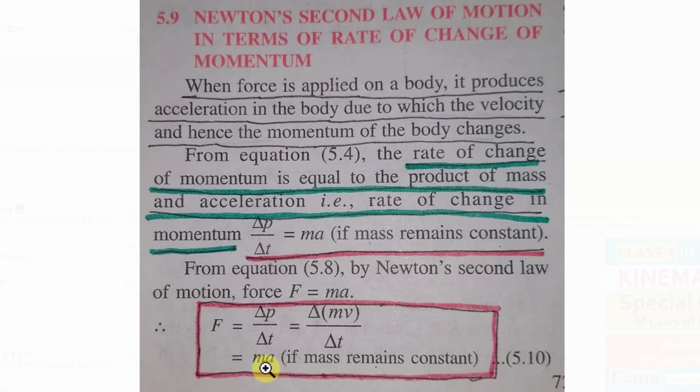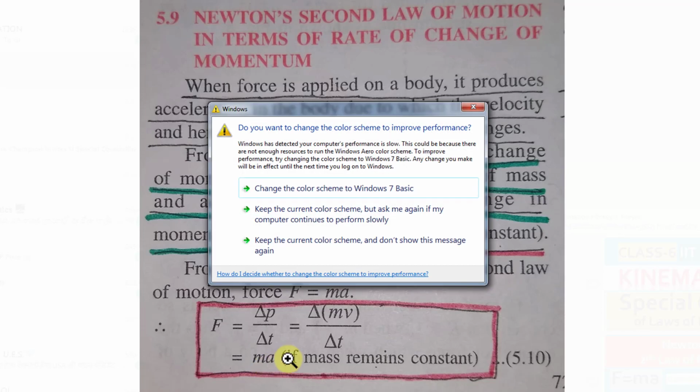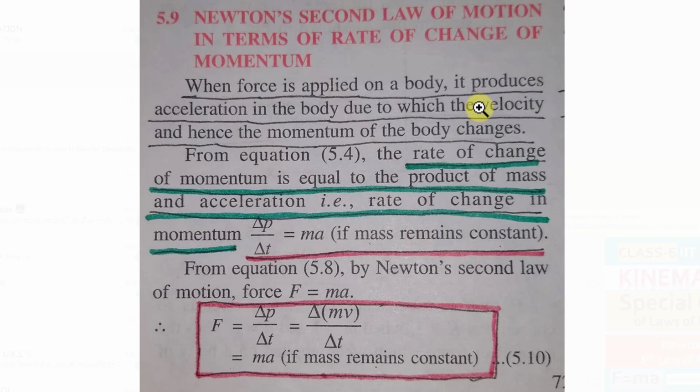Okay. So let's see. Whenever force is applied on a body, it produces acceleration in the body. Is it true or not? Whenever force is applied on a body, the velocity of the body changes, and when velocity changes, of course, acceleration is produced. Hence the momentum of the body also changes.